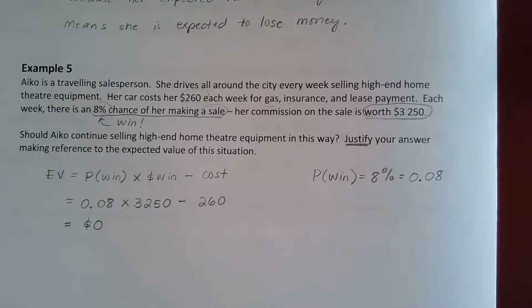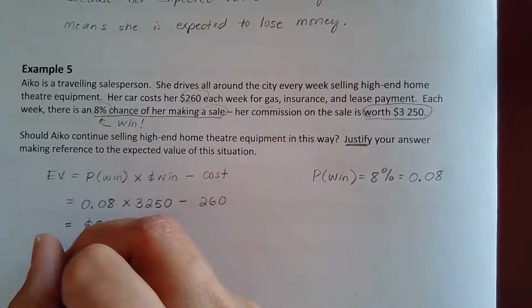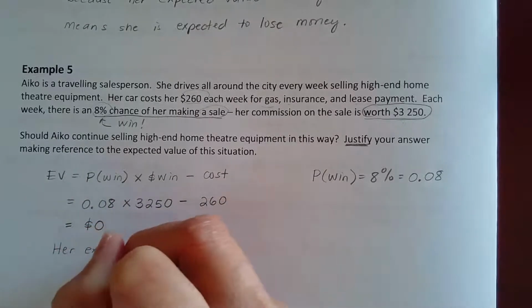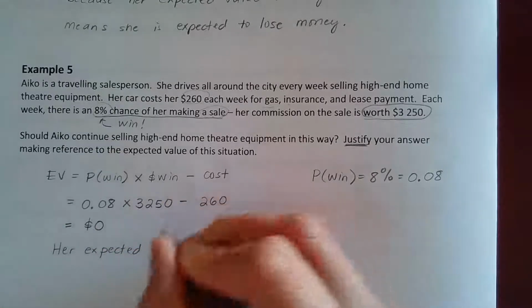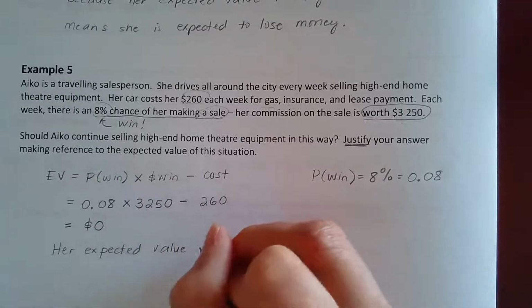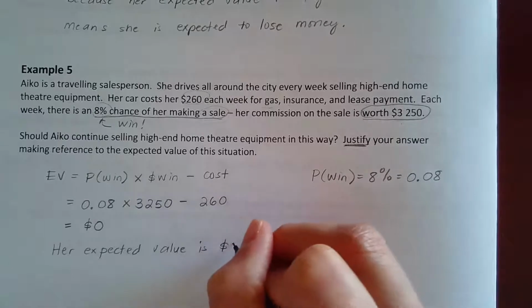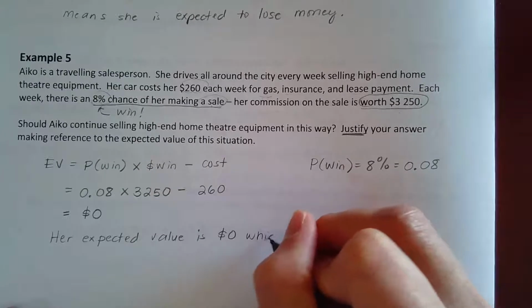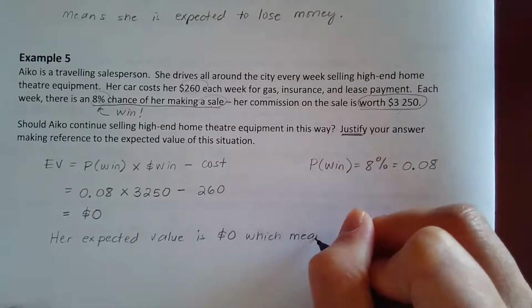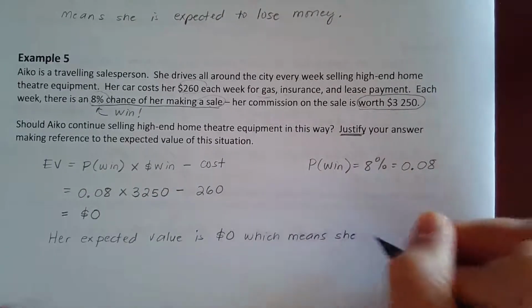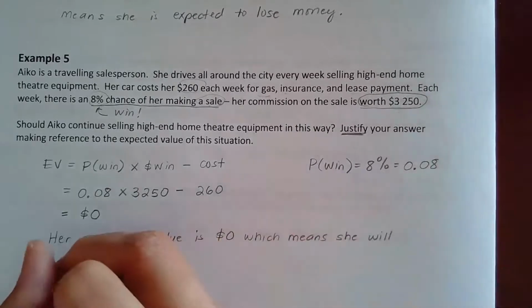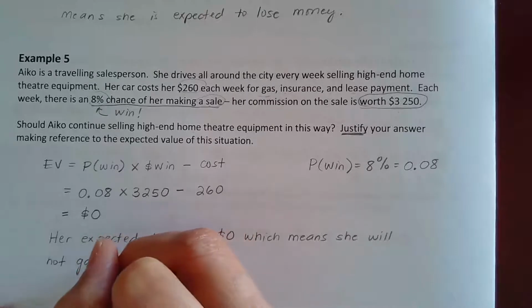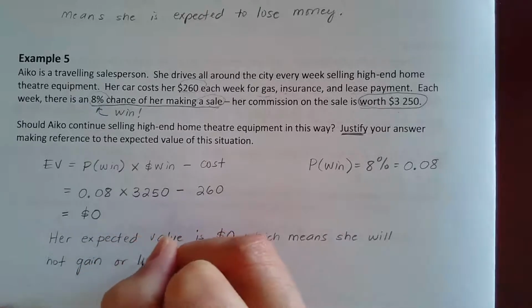So, it means her expected value is $0, which means she will not gain or lose money.